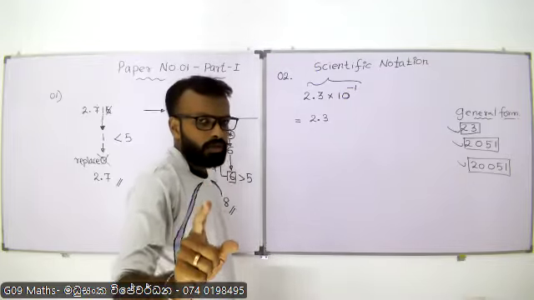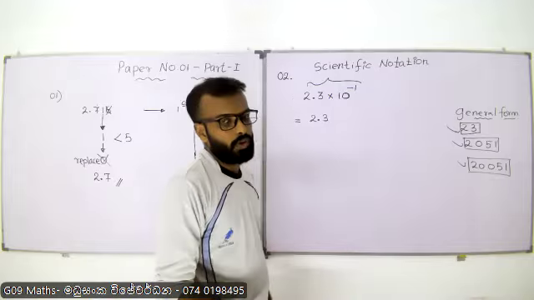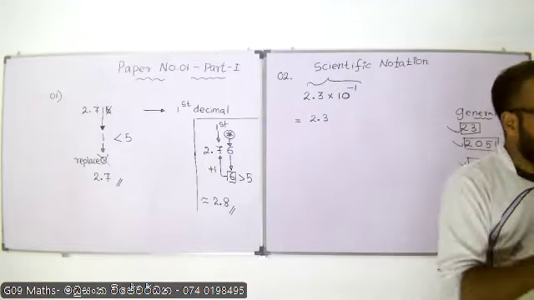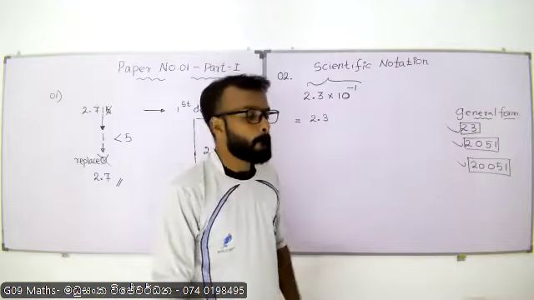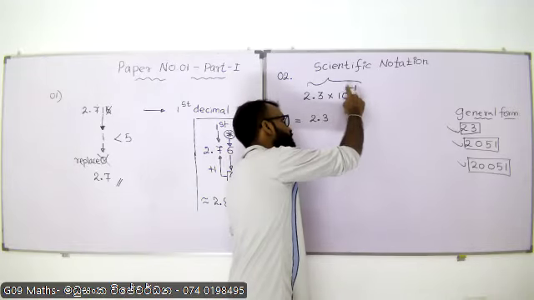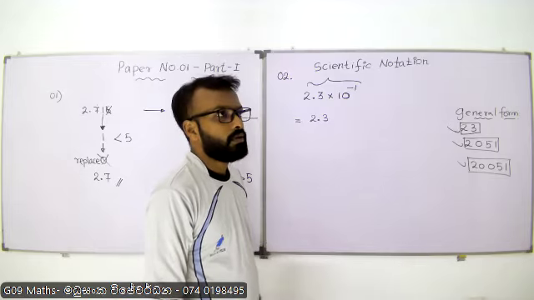Can anyone tell me how to convert a negative power into a positive power by using the laws of indices knowledge? How are we going to convert 10 to the power minus 1? This is a negative power, right?